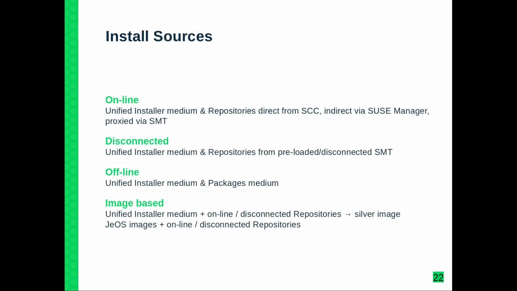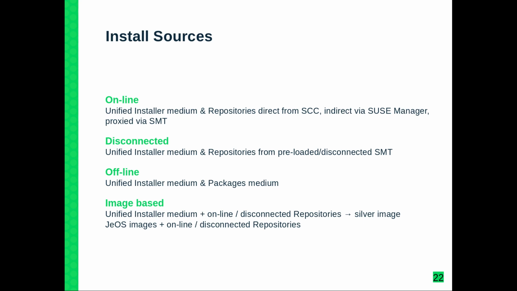Now, there are various sources for this install. There are different types, really. There's an online install, which is we use the Unified Installer medium and repositories direct from SCC, the SUSE Customer Center, or indirect via a SUSE Manager or via the SMT, which is now renamed to RMT tool.